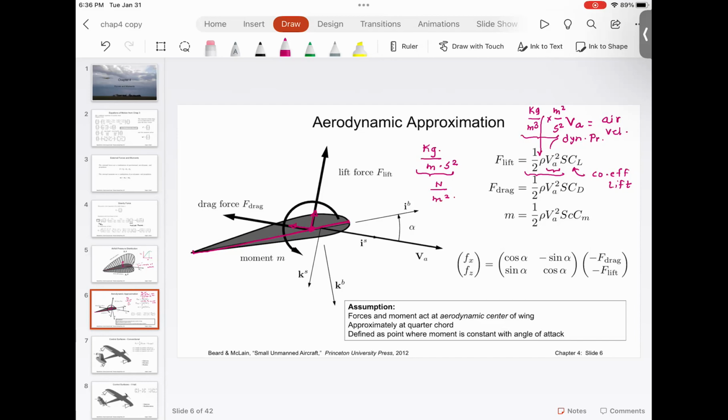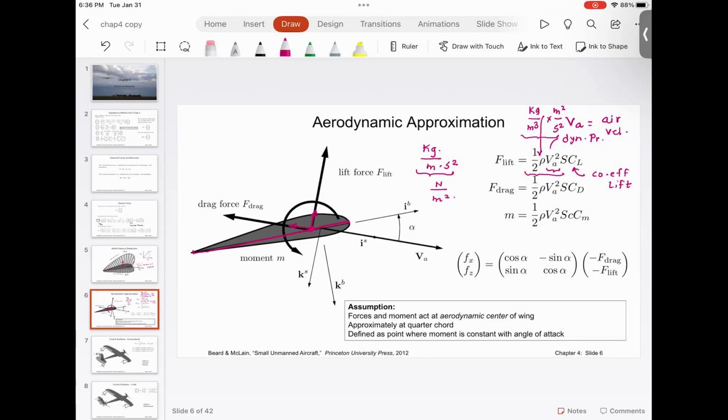So the dynamic pressure, 1/2 rho VA square, is nothing but Newton per meter square, multiplied by S, the area. The coefficient of lift is dimensionless, so what you get is the lift force.